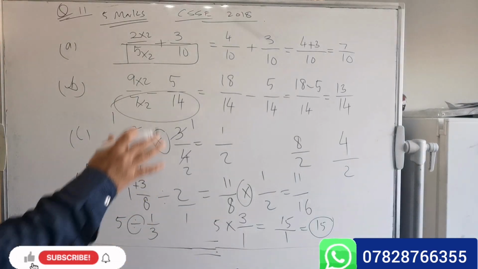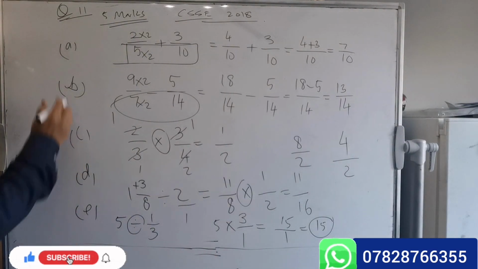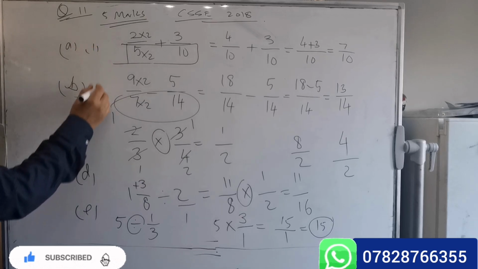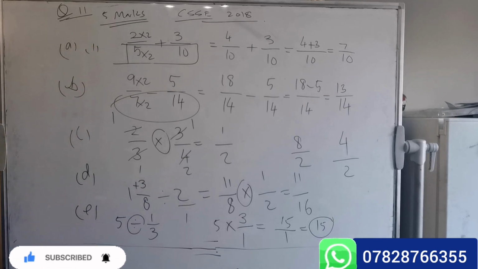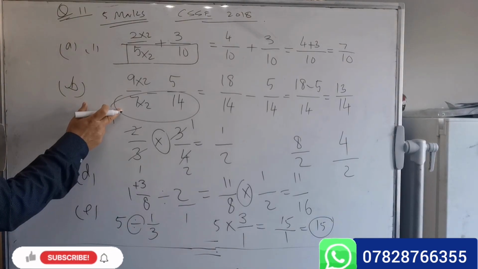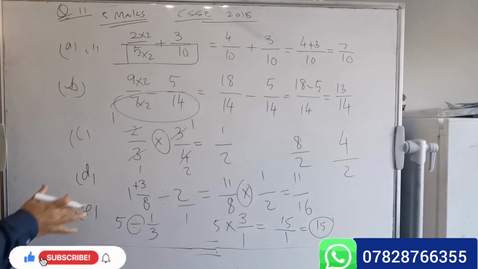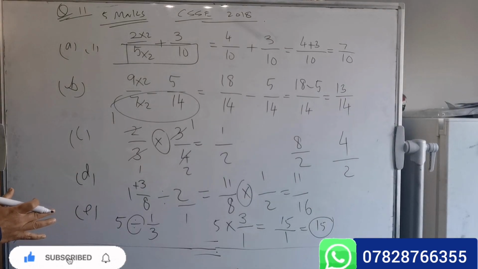There are 5 parts, A to E, and each has 1 mark. These are very easy. The first two questions are fractions solved by common multiples. You simply times one of the fractions to make the same denominator and simplify.